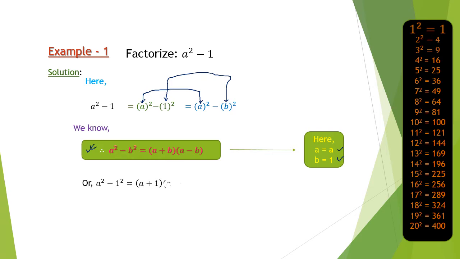You can see here, a will be a, b will be 1. Now in this way it's over. The factorization of a square minus 1 is a plus 1 and a minus 1. It is as simple as it is. Okay. Now let's quickly move to another example.